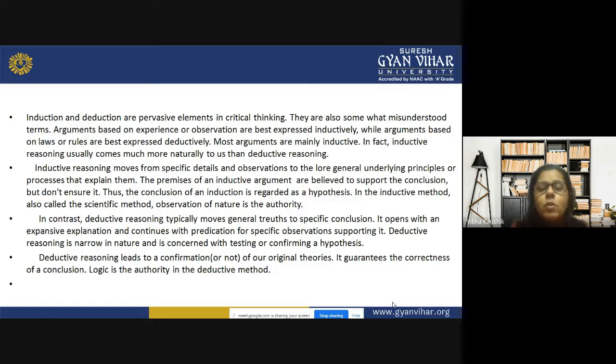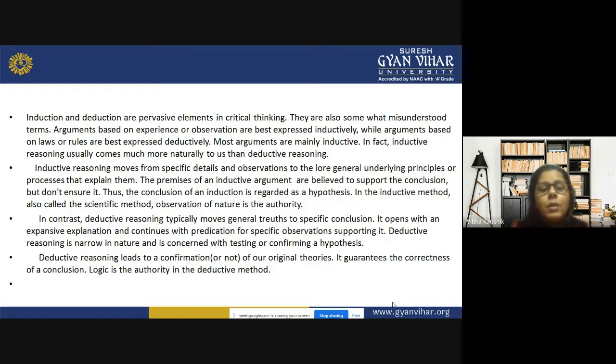The premises of an inductive argument are believed to support the conclusion, but don't assure that the conclusion will be supported or not. Thus, the conclusion of an induction is regarded as a hypothesis.